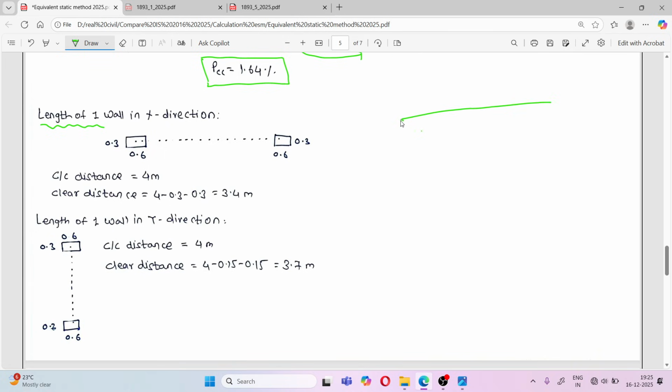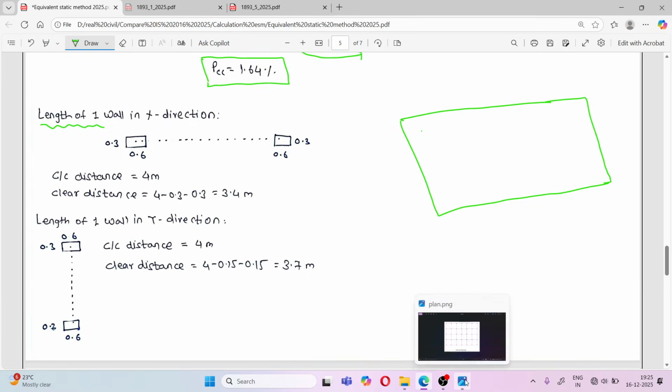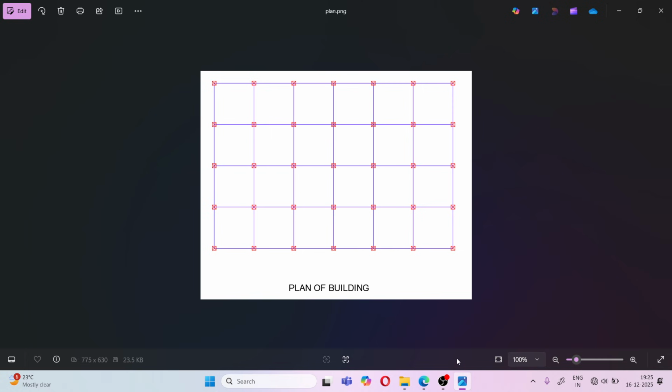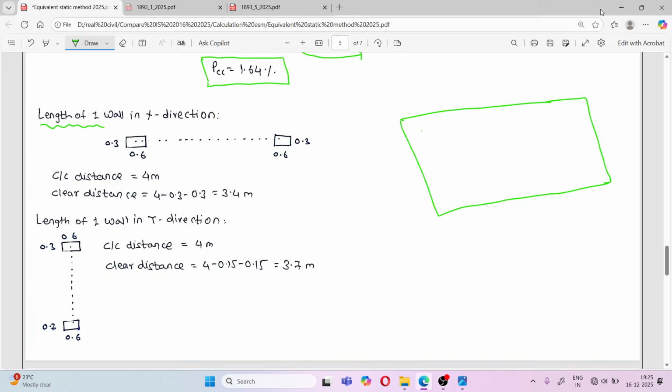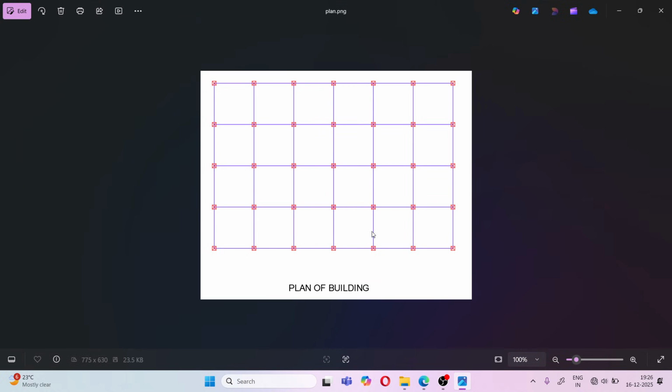So I'll just draw here. 1 2 3 4 5 6, 6 bays are there, and here 1 2 3 4 bays are there.